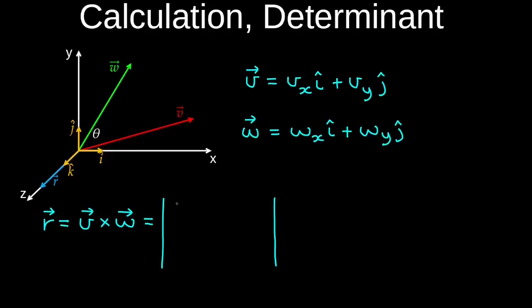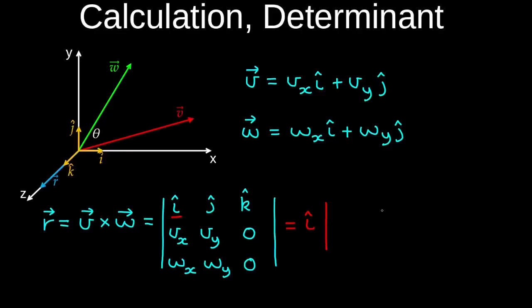So in the first row, we write the unit direction vectors. And in the subsequent rows, we write the components of vectors v and w. So expanding out the determinant, we have each unit vector multiplied by the determinant of the minor matrix, which consists of the elements in the other columns.